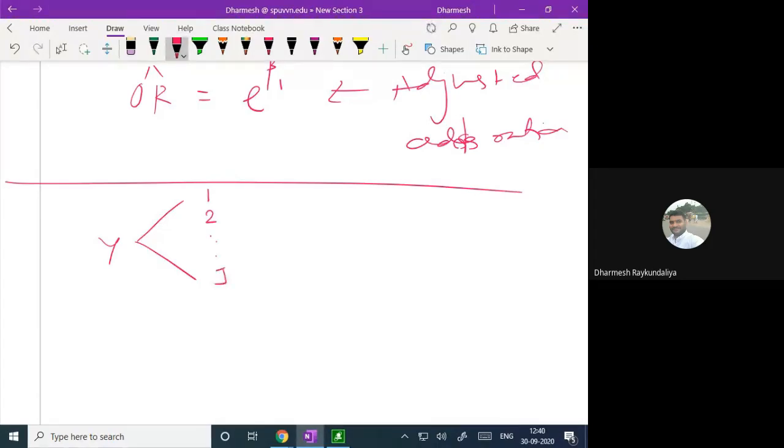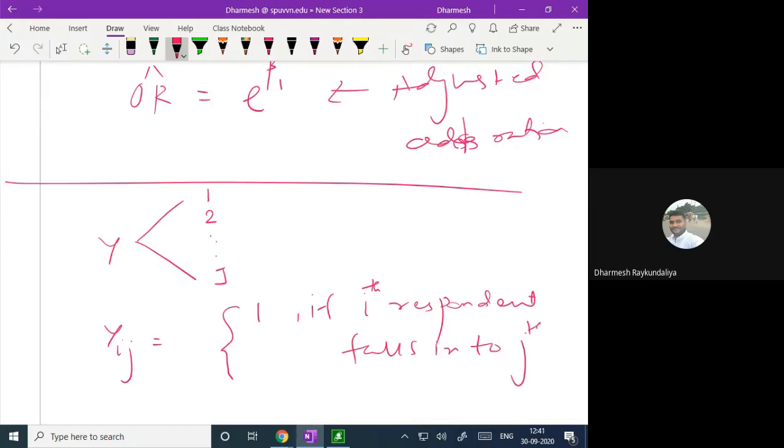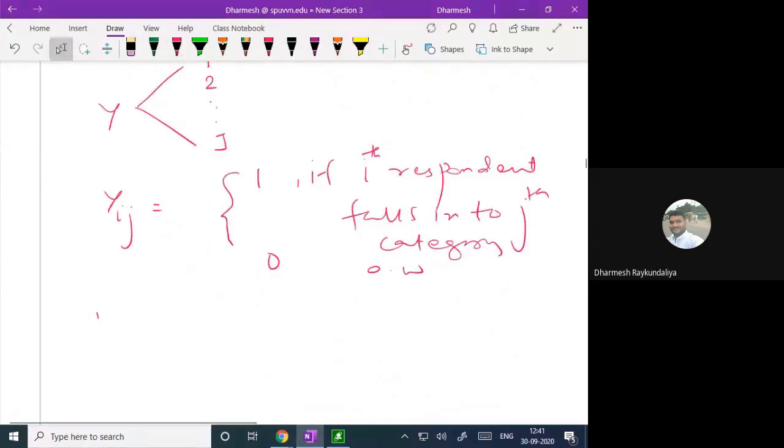Y takes any value from 1 to J. That means y_ij takes value 1 if the ith respondent falls into the jth category, 0 otherwise. So it means that y_ij takes the binary response.